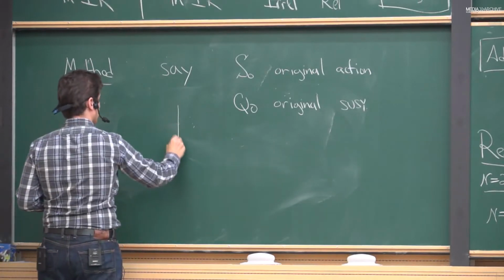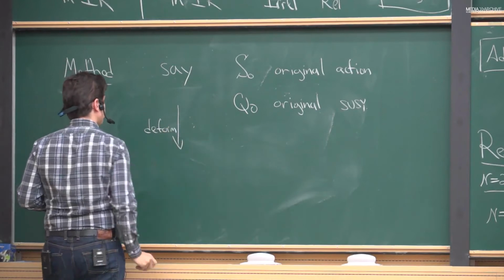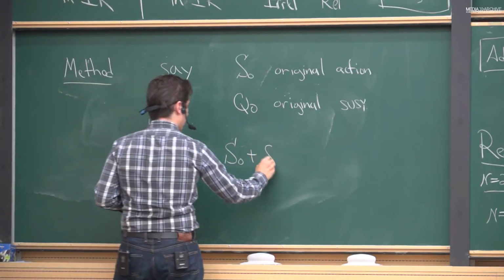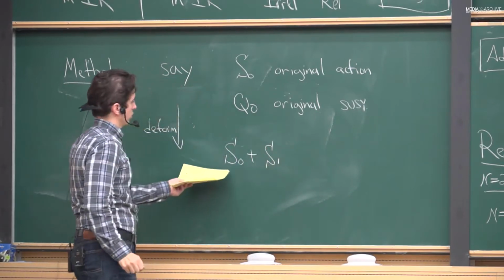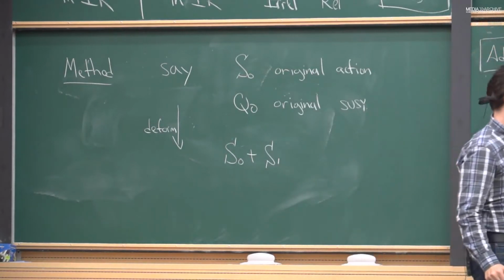Okay, so now we deform this. And to first order in our deformation parameter, S naught will change to S naught plus S1, where that thing right there is S1.